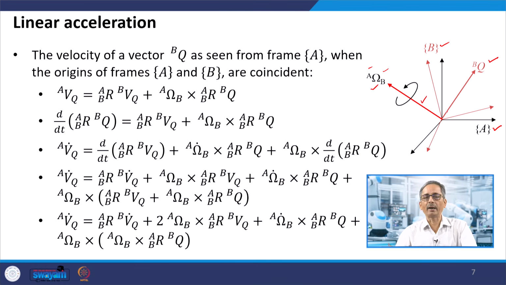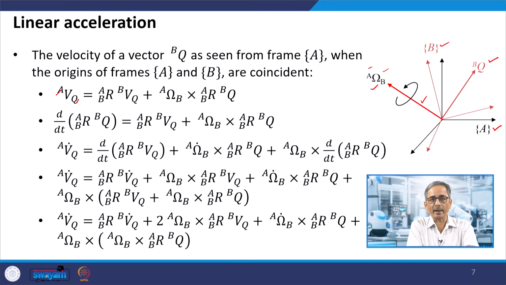Here the origins of both frames, B and A, are the same; they are coincident.